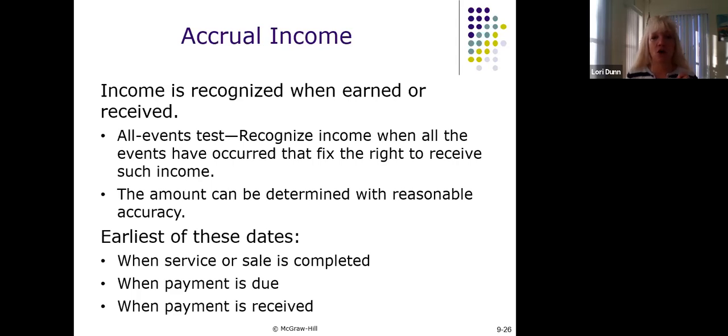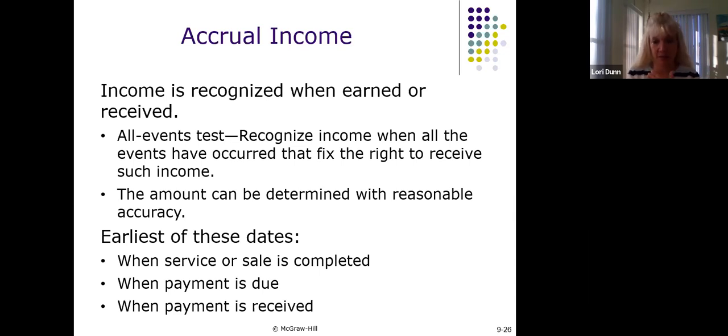There's something called the all events test that will determine if you must recognize income. And this is what it says. When all the events have occurred that fix the right to receive that income, that's when you recognize it. And you can reasonably determine that amount. So if you're like, well, what the heck is that? It's the earliest of these dates.